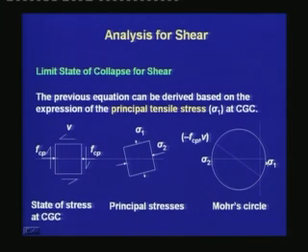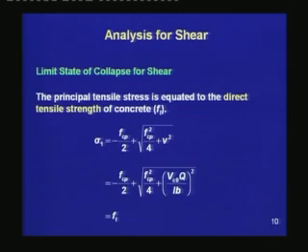Sigma 1 is given as the distance from the origin. Now, the distance from the origin is the radius of the circle, and that can be found as the square root of (minus FCP by 2) squared plus V squared.